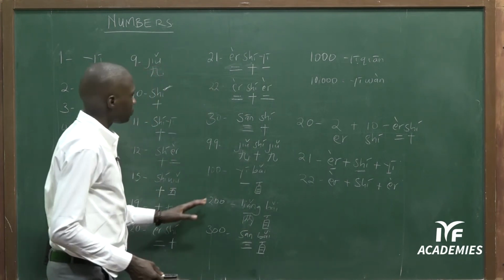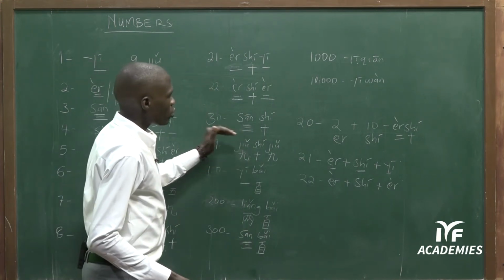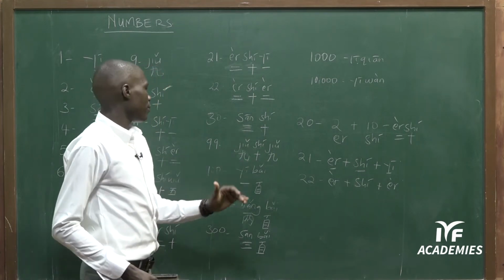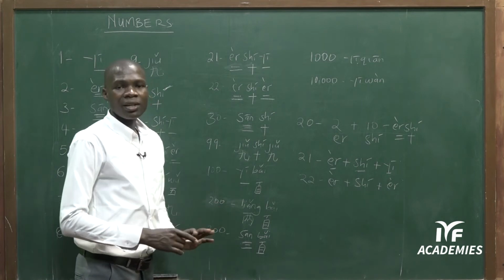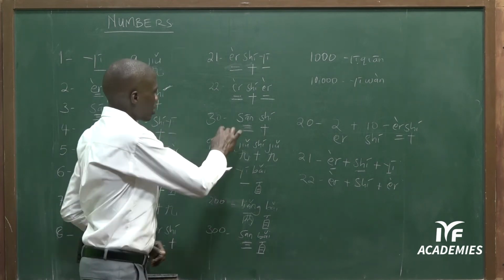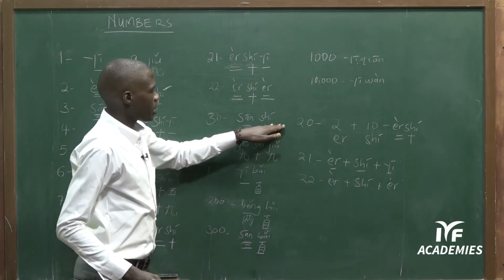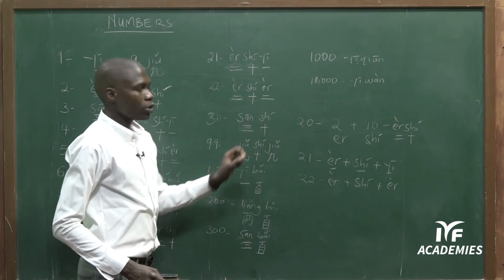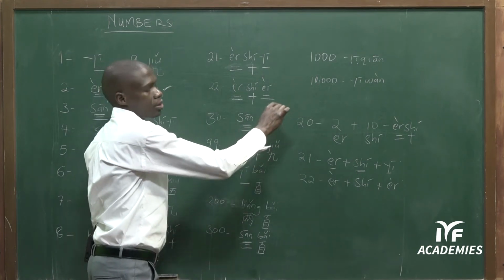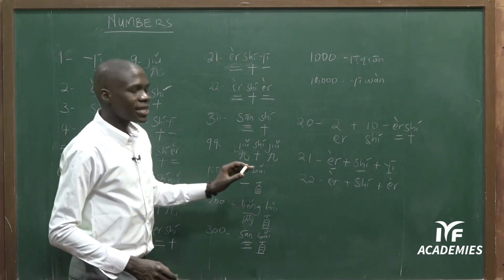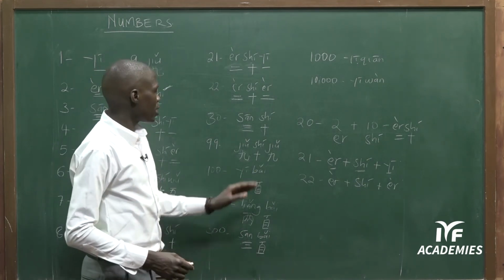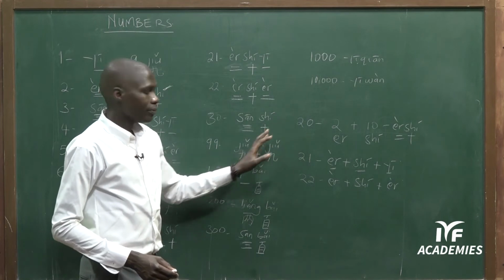When you talk about 30, it is also the same. 3, then 10. 3 is san, so 10 is shi, so it becomes san shi, which is 30.